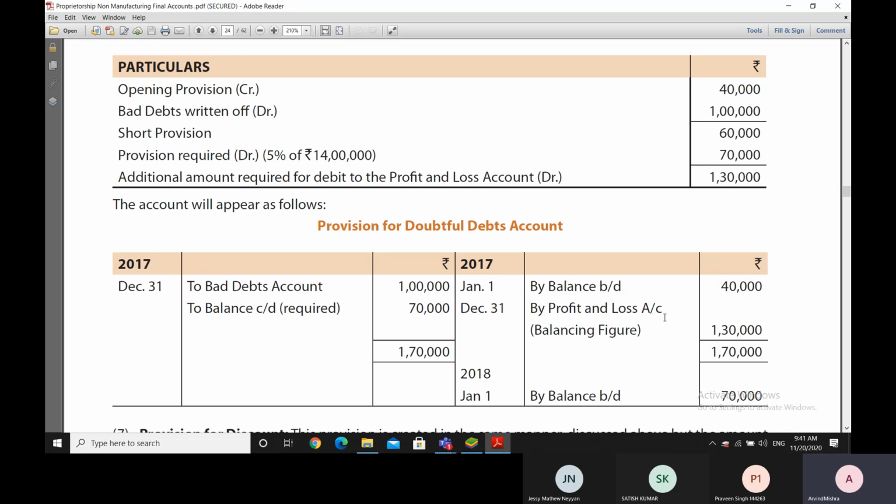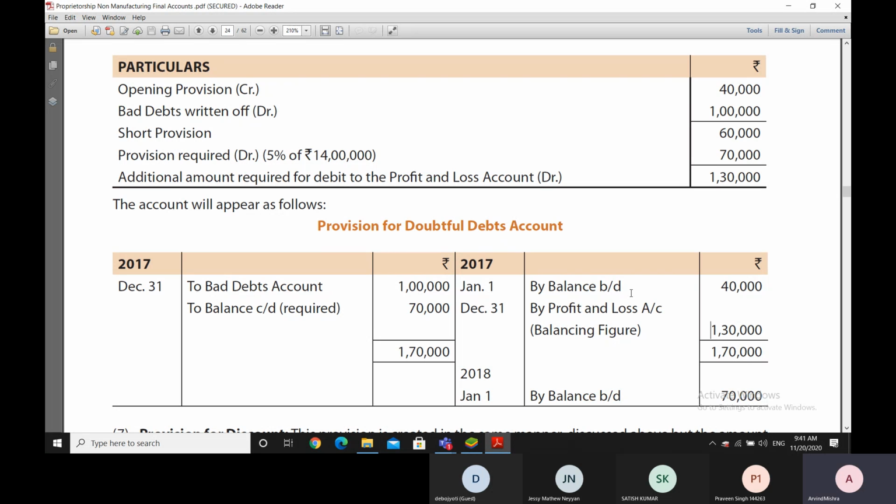So we are crediting the provision for doubtful debts account by 1,30,000 rupees, and we are debiting the profit and loss account. So this is the provision creation entry of 1,30,000 rupees, because the total provision that is required is 1,30,000 rupees.